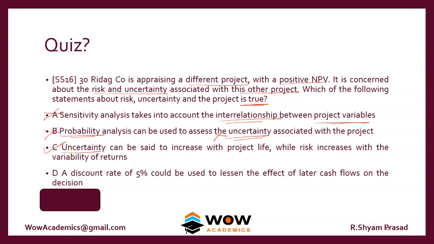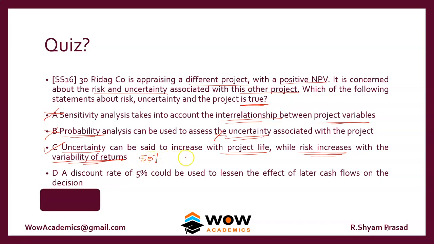Uncertainty is we don't know what would happen in the future. So as we keep on increasing the project life, we are entering into an uncertain situation. But risk, what happens is the amount that we are going to get in each year, that is what we are not sure about. So that increases the variability. Okay, so risk in the cash flow increases with the variability of return. So for example, if the variability of return is 50%, then the risk is 50%.